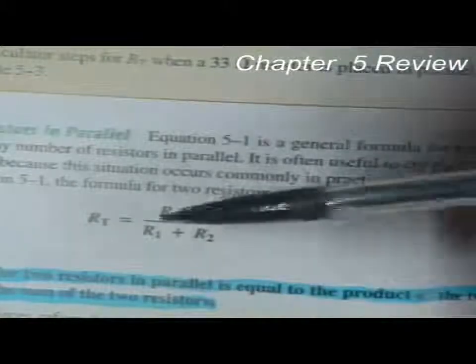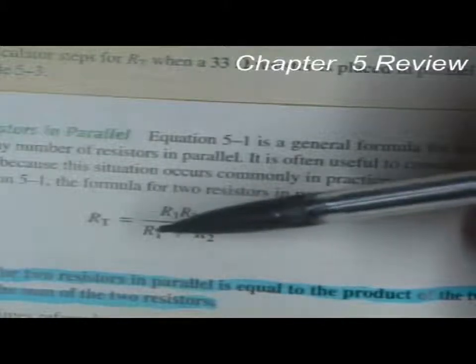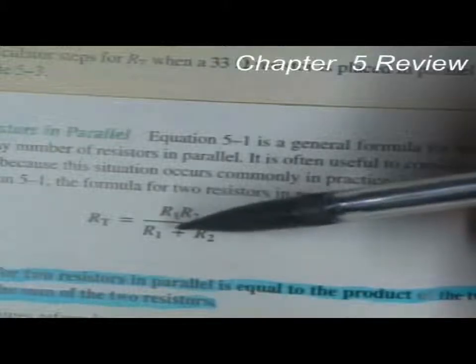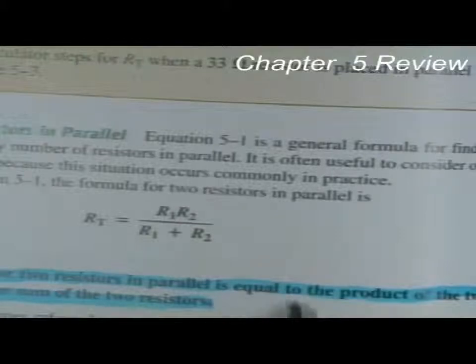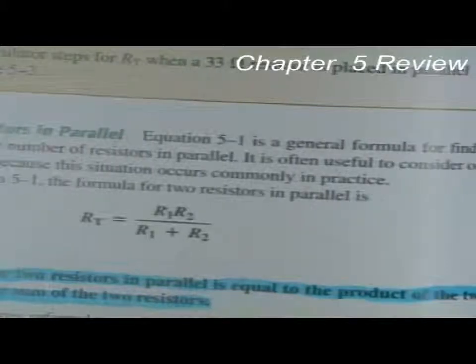The product. The product, R1 times R2 over the sum. It's called the product over the sum formula. And the total resistance of 2 resistors in parallel is equal to the product of the 2 resistors divided by the sum of the 2 resistors.